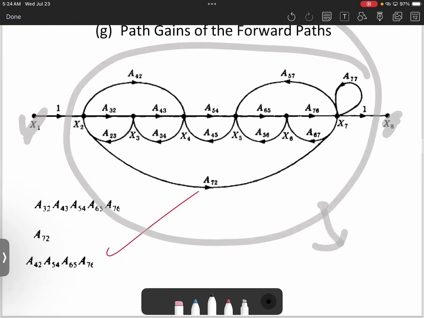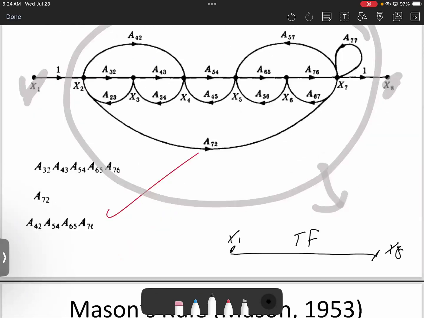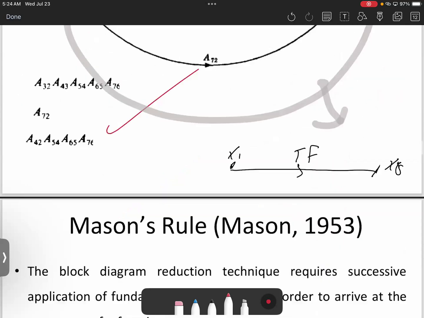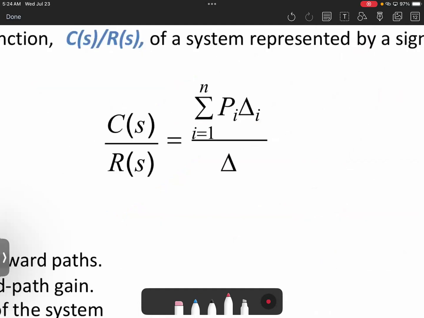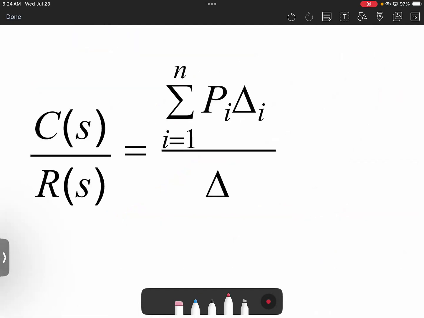We need to reduce all of this mess to get this, our target: x1 over x8 as a transfer function. So how can I find it? Basically, C(s), the output, divided by R(s), the input, equals the sum from i equals 1 to n of P_i delta_i, divided by delta.